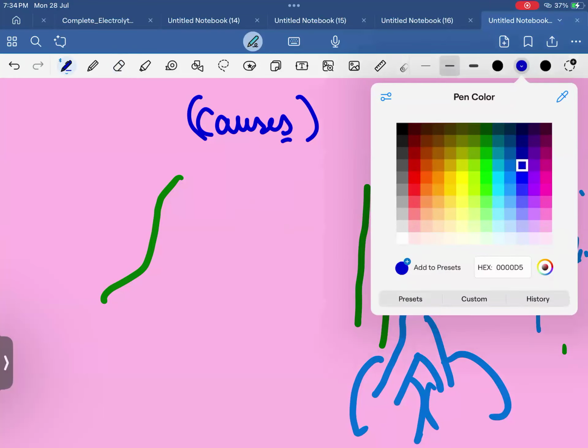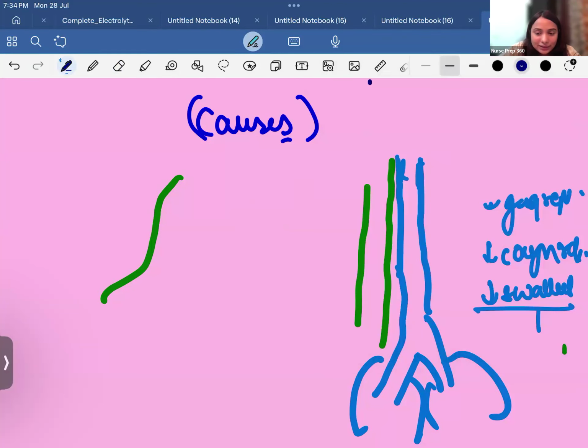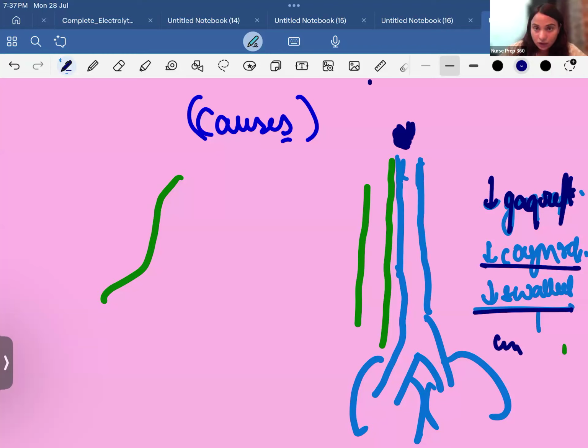I know what happens sometimes, when I was working in a hospital. When a patient has a decrease in the gag reflex or cough reflex, or the patient cannot swallow, or is under anesthesia, these muscles are very, very weak.